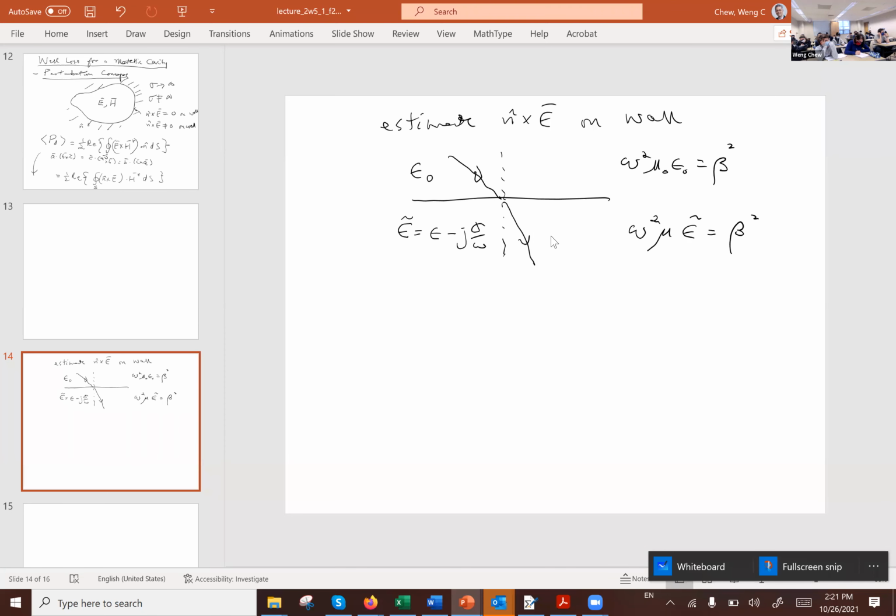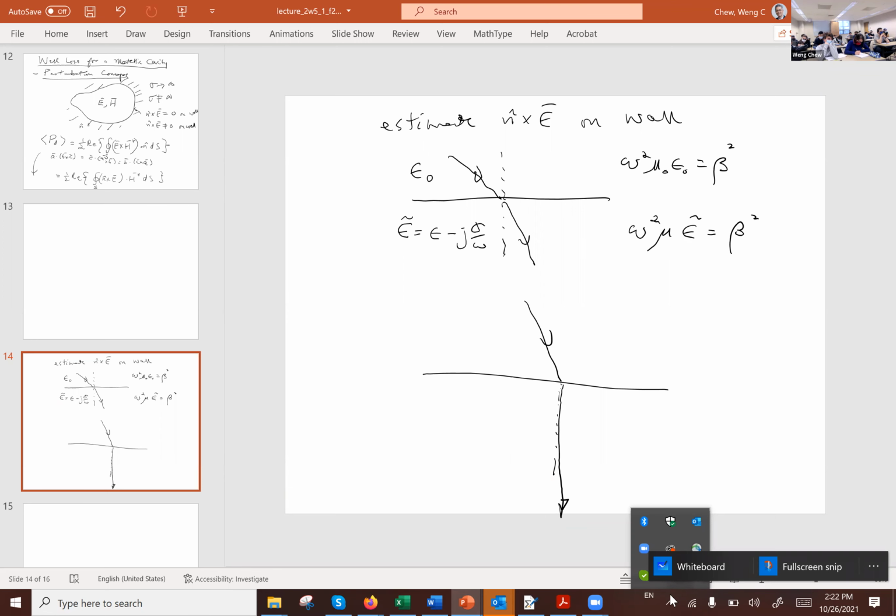So any k vector, any beta vector that is associated with medium 2 at the bottom will be very large. And phase matching has to be obeyed. So when the wave comes in, because this beta vector is so long, it goes off the page, then the transmitted wave has to be almost normal to the interface. Agree with me on that? Because the transmitted wave has to be almost normal.